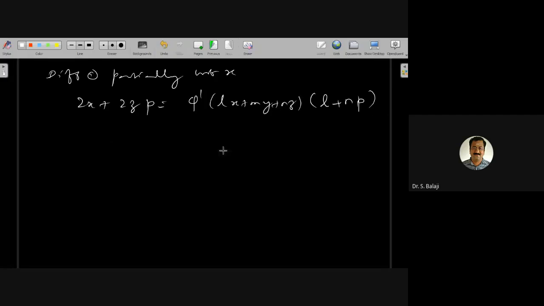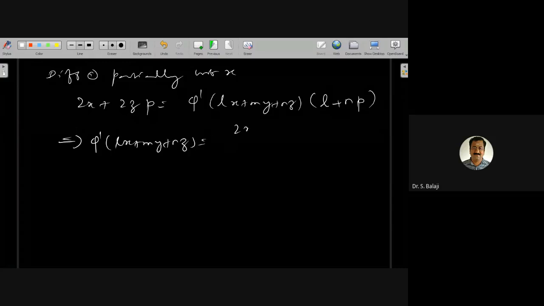So from this you can write φ' of lx plus my plus nz, and immediately you can write it as (2x plus 2zp) divided by (l plus np), and that you can get.